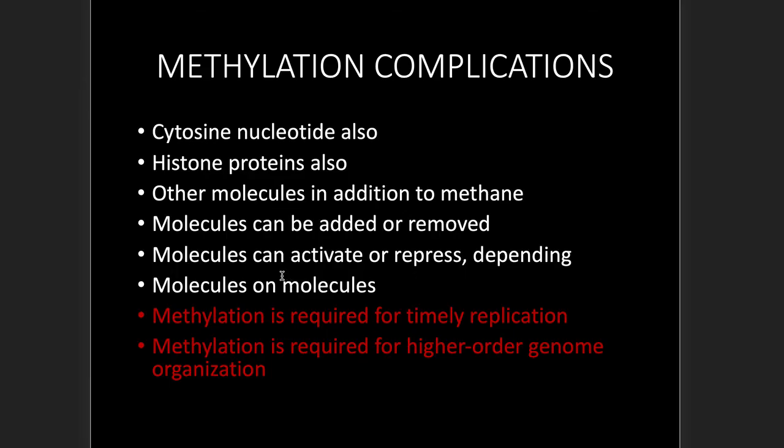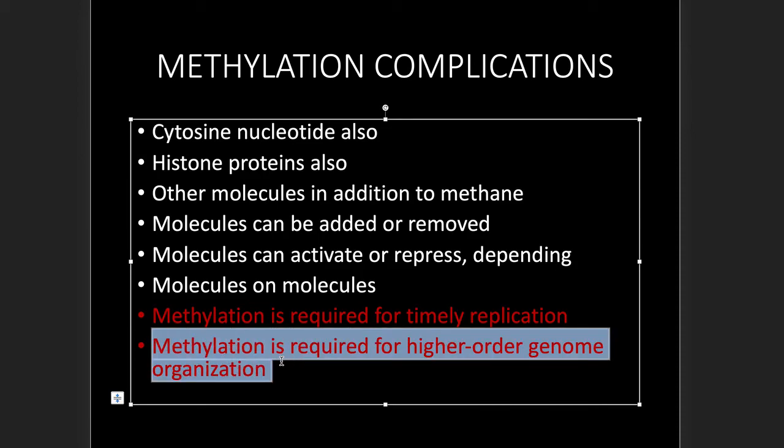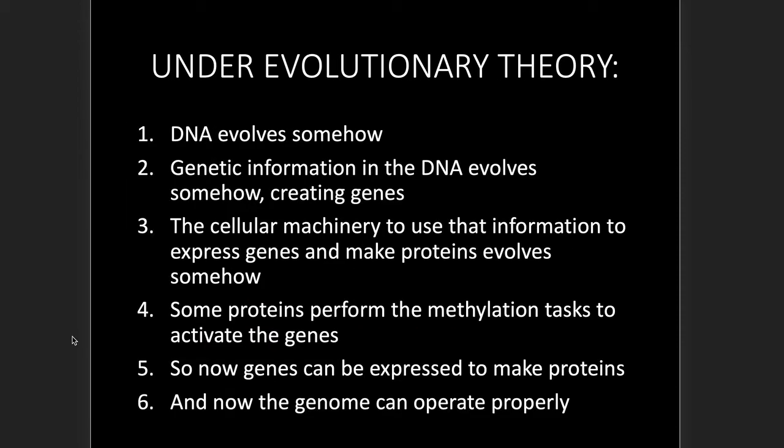Now, we can add to our list of methylation complications a couple more bullets here. Methylation is required for timely DNA replication, and methylation is required for higher order genome organization. Things just got a lot more complicated. And this is going to be a big problem for evolutionary theory.